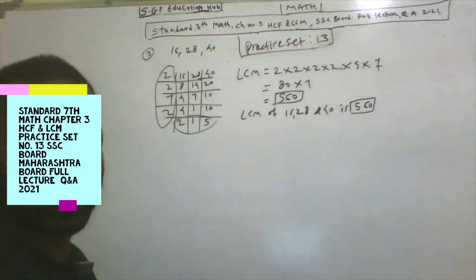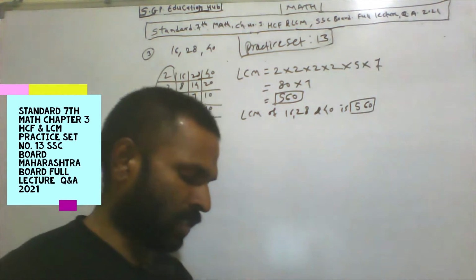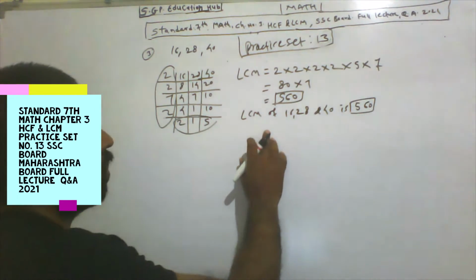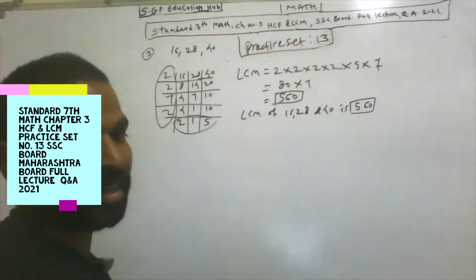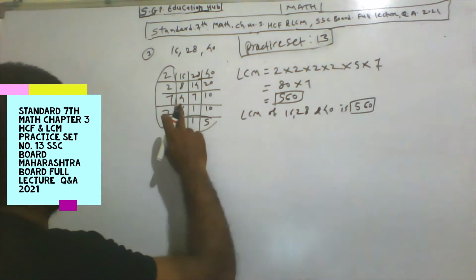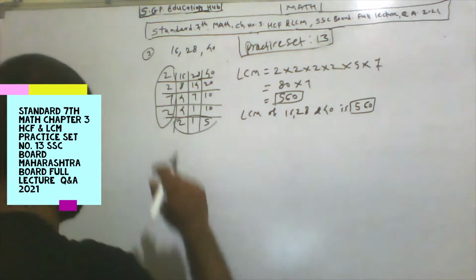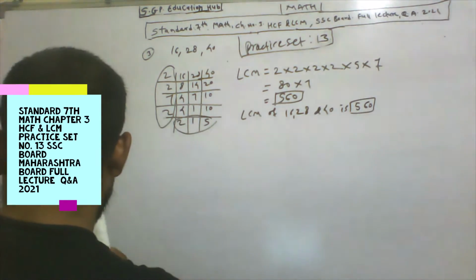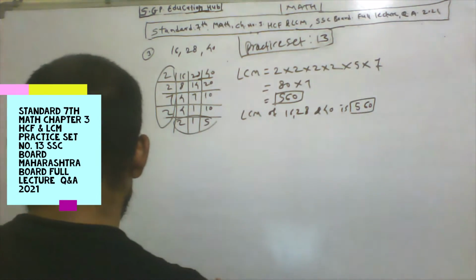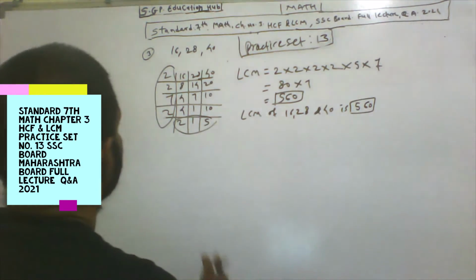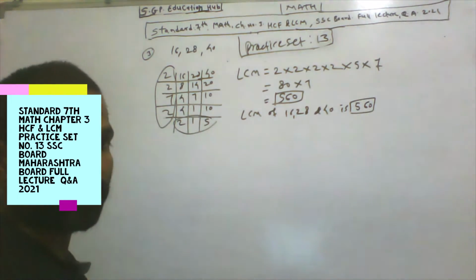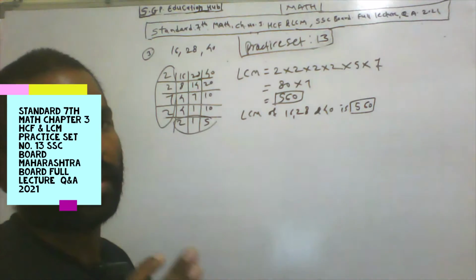Okay, will you get it? Now go to the next example. We have written the LCM. What is the HCF? How many common factors are there in all three numbers?